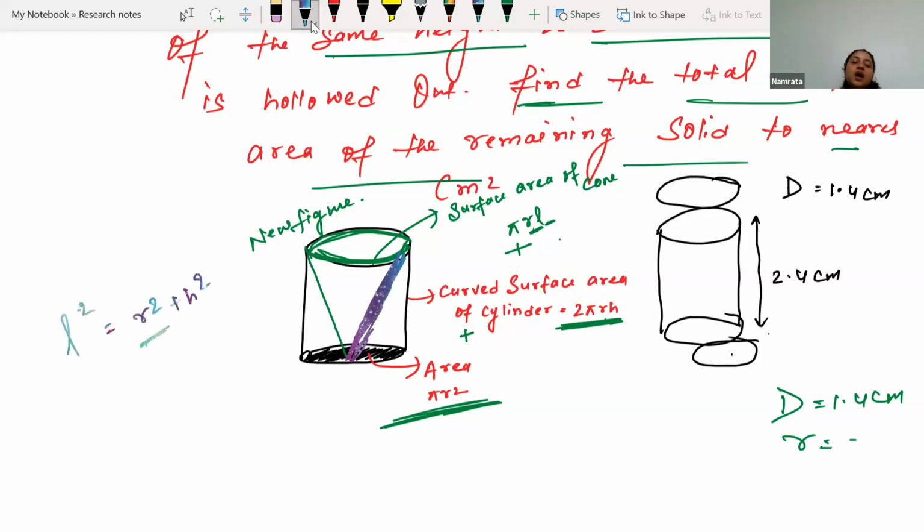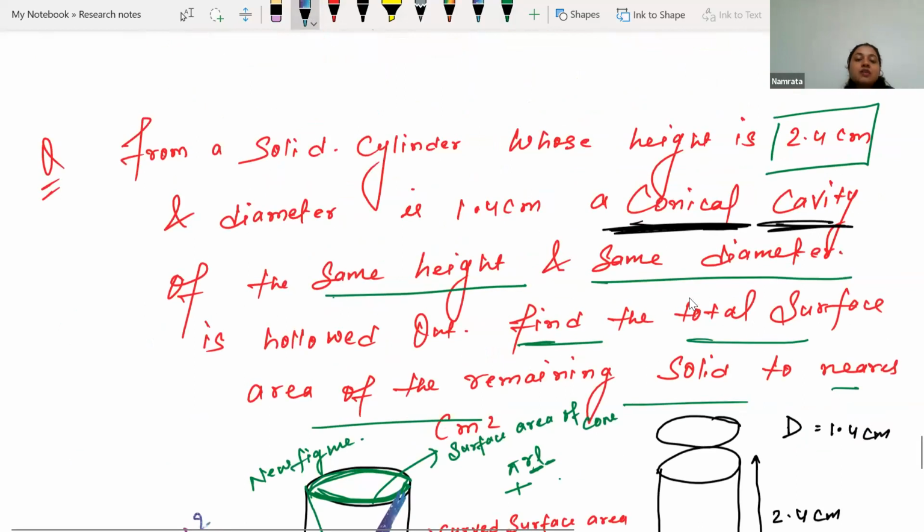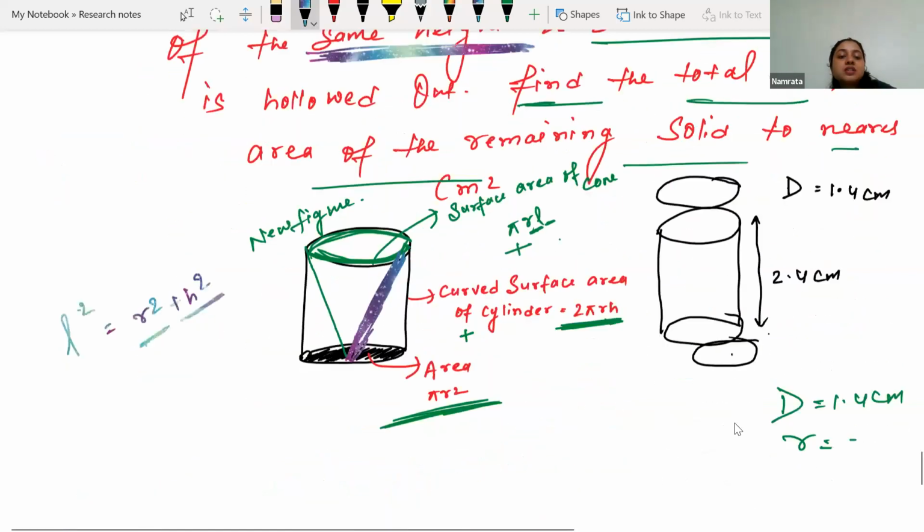We already know R, which is the same as the cylinder's, and H we also already know because the question itself says, from a solid cylinder whose height and diameter are given, a conical cavity of the same height as the cylinder. So whatever height the cylinder has, the conical cavity also has the same height.